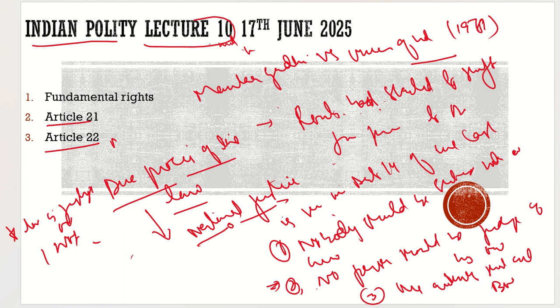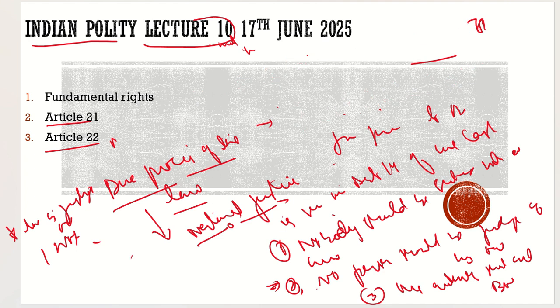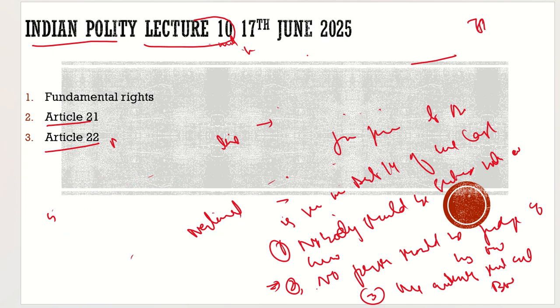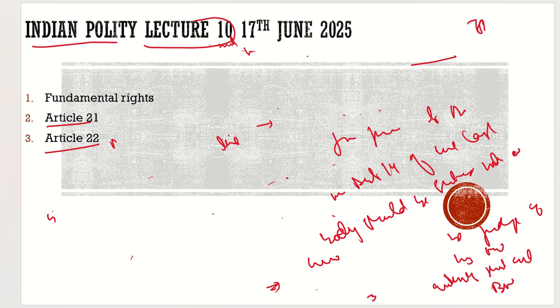Now let's try to discuss it with an example, because we had an example of it also. Let's try to discuss how the judiciary has reacted to it. You would have heard about Justice Ranjan Gogoi. Now let's discuss a little story.